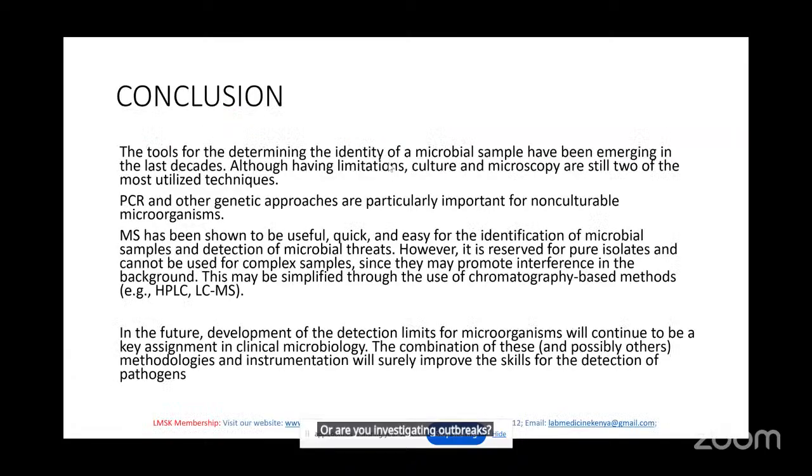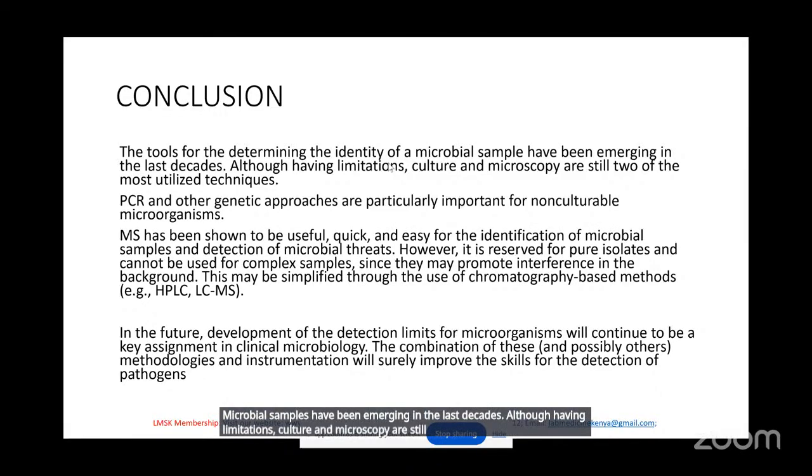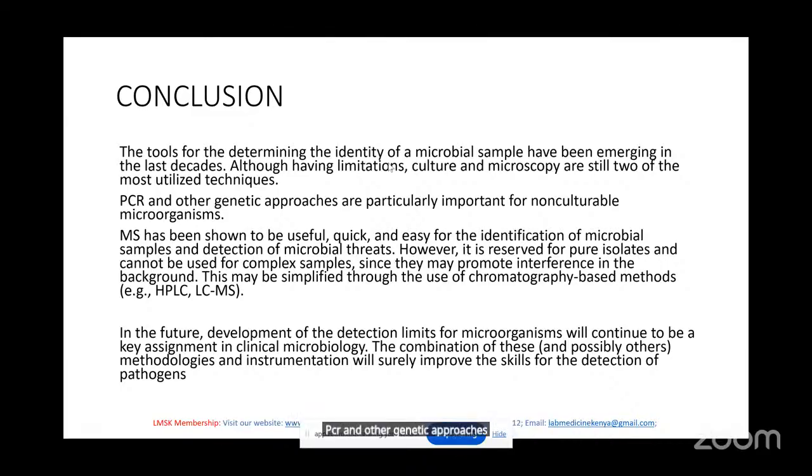So for the conclusion, the tools for determining the identity of a microbial sample have been emerging in the last decades. Although having limitations, culture and microscopy are still two of the most utilized techniques. PCR and other genetic approaches are particularly important for non-culturable organisms. Mass spectrometry has been shown to be useful, quick, and easy for the identification of microbial samples and detection of microbial threats.